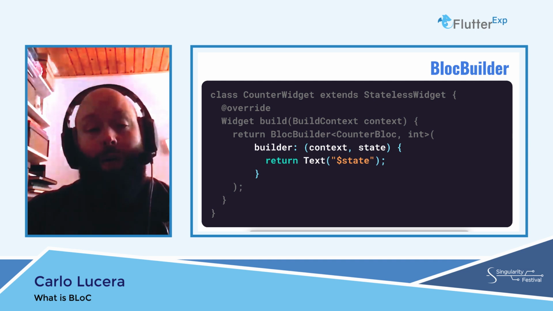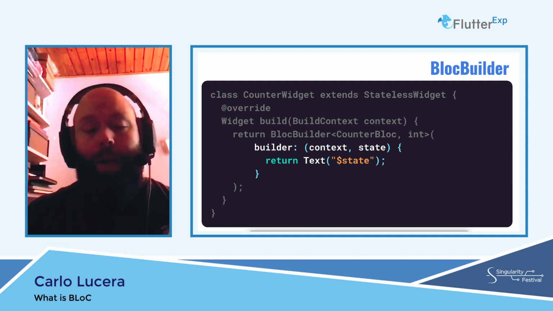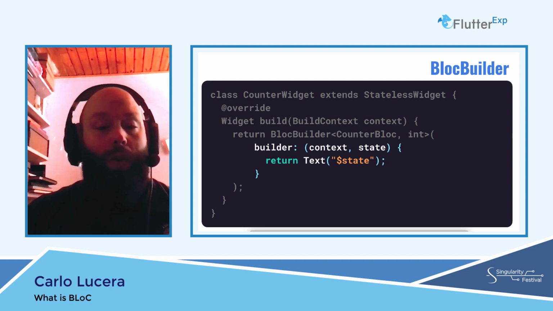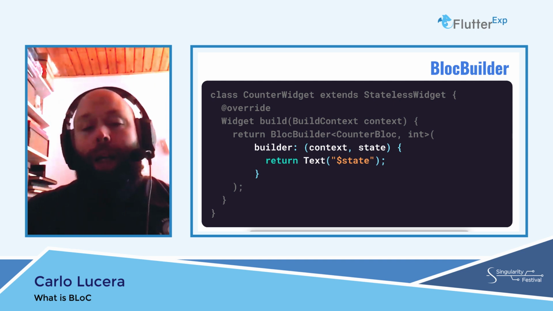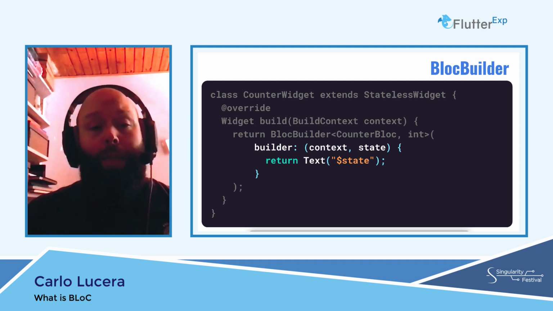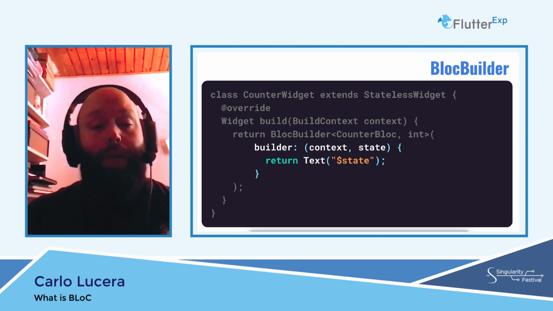So when you return our widget, we're using the state as a parameter. For example, in the case of the counter, we just use the text as is. We can see that when we increase the counter, the builder will rebuild the UI, and then we will have the value in our text.